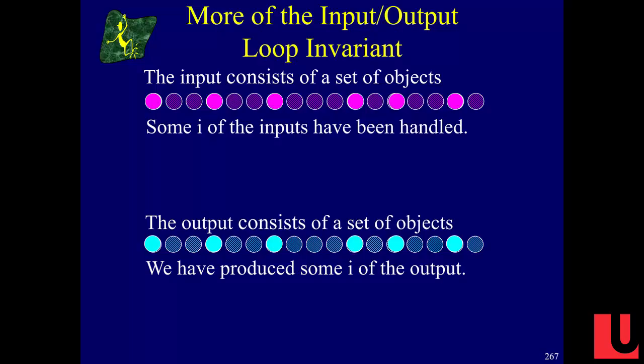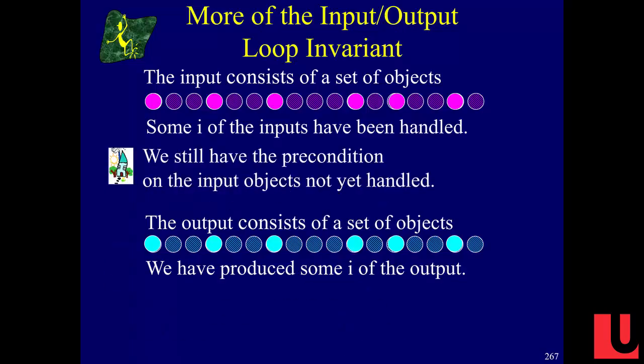These might be the people, and some of the people I've given cake to. So this is the output, what cake they have. And what do we know? We know that with respect to the input that we haven't done yet, we still have the precondition.